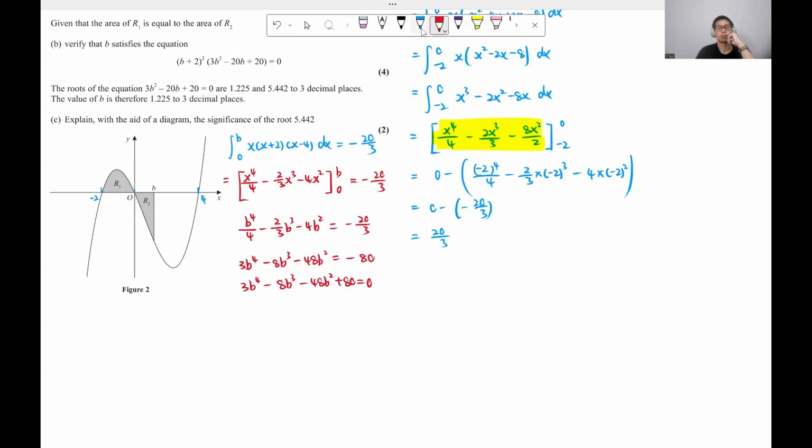So what I'm going to do now is use long division to divide one of them to see if I can get the other factor. So I'm just going to divide by 3b squared minus 20b plus 20.